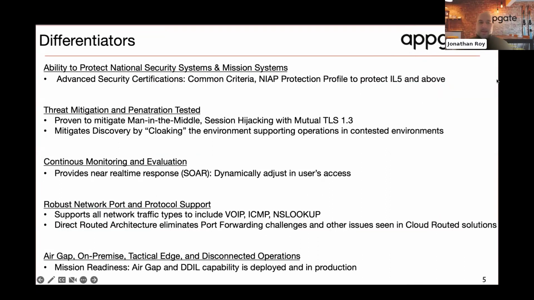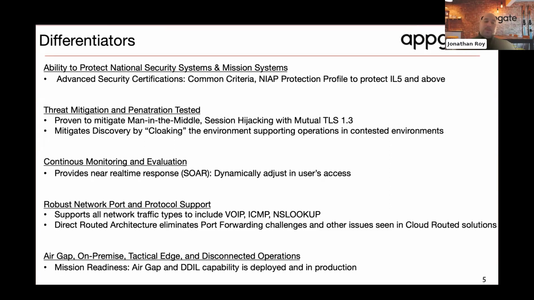So I wrote these out. It really starts off with, if you think about zero trust network access or just zero trust access in general, there really isn't a lot of frameworks that defined, from a compliance perspective or a risk management framework perspective, what capabilities organizations should be looking for.